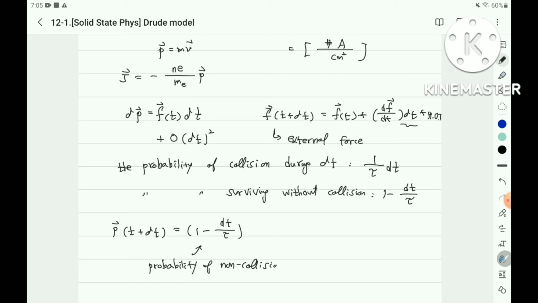And also the real momentum difference is p(t) plus F(t) delta t plus higher order delta t square terms, and it is acquired.